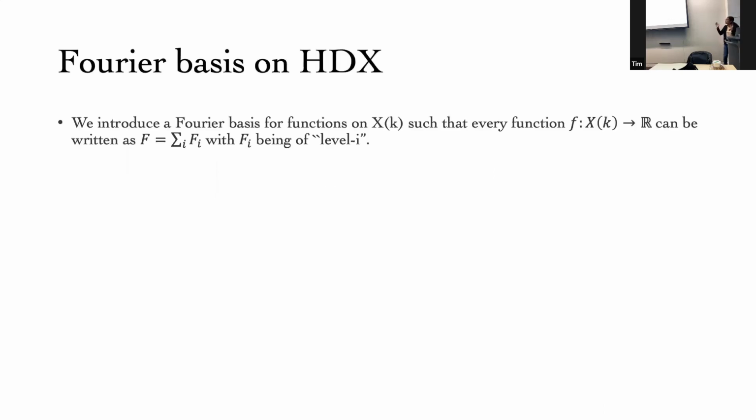So we define a similar basis for the high dimensional expanders. We look at functions from the kth level to the reals, and they can be decomposed into a sum of fi, where each fi, instead of degree i, is now level i. It somehow corresponds to the ith level of the complex.